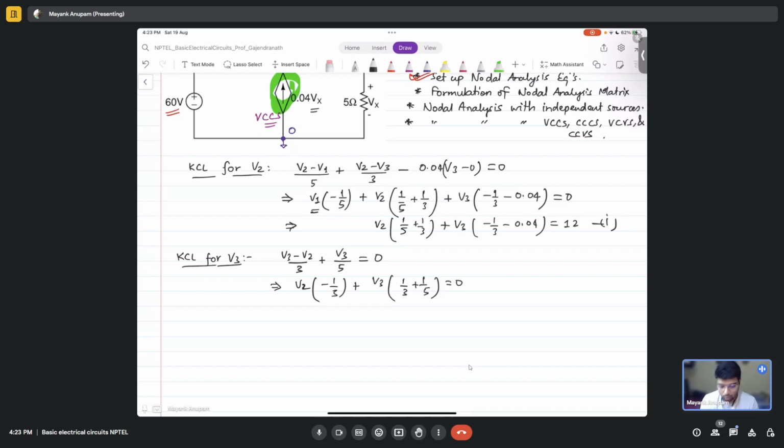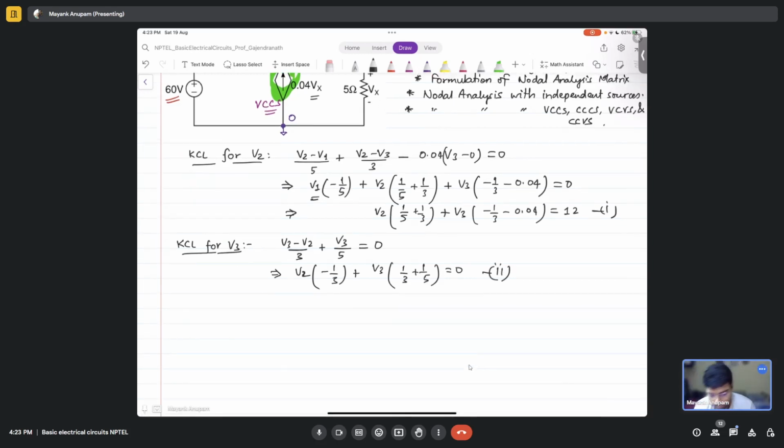So we have gotten two equations, correct? We have only two unknowns, V2 and V3, and we have two equations, so we can solve it.